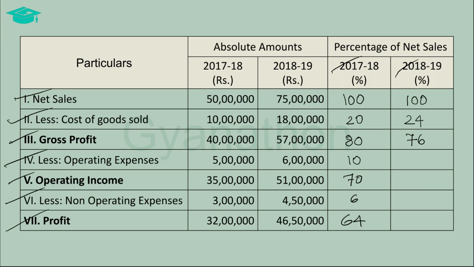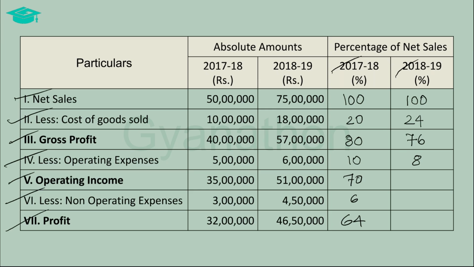The percentage in respect of operating expenses is 6 lakhs divided by 75 lakhs multiplied by 100, that is 8%. It means that for the year 2018-19, the operating expenses has reduced to 8% of the net sales, which is a decrease of 2% from the year 2017-18.